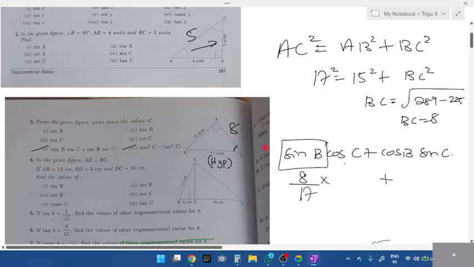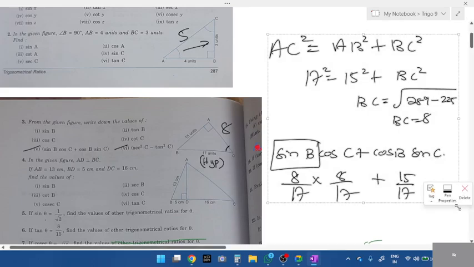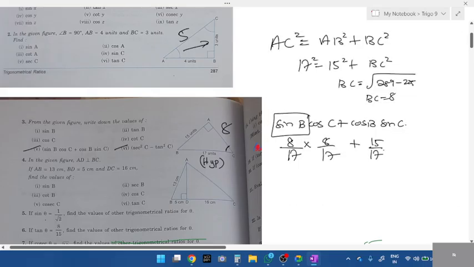Yeah, tell me. What is cos C now? Yes, base by hypotenuse, 8 by 17. Tell me cos B, base by hypotenuse. From angle B, which is base? 15. Hypotenuse is 17. See, for any question, hypotenuse will not change. Only the perpendicular and base will change. Hypotenuse is fixed. Into what is sine? For C, what is perpendicular?